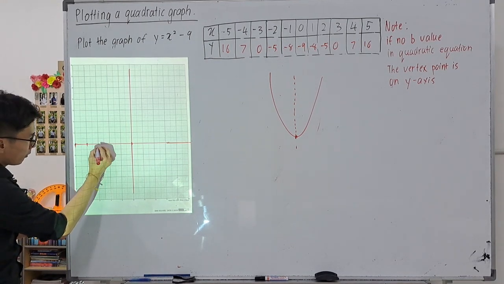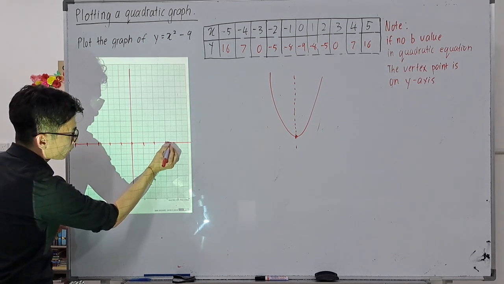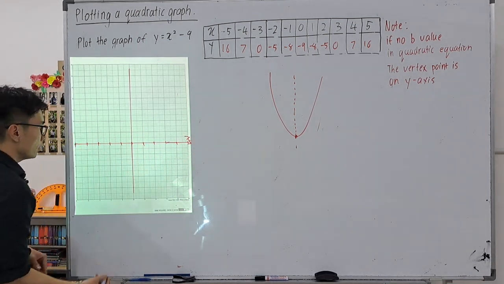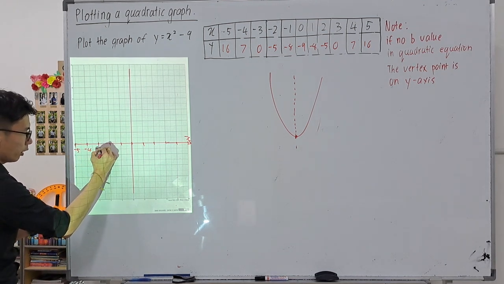So I'm going to label all the points first, before I start plotting. That's my x-axis over here. I'll start labelling now, 5, maybe 4, and so on.